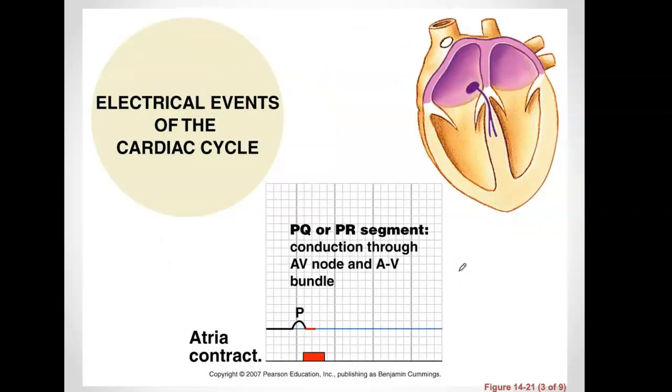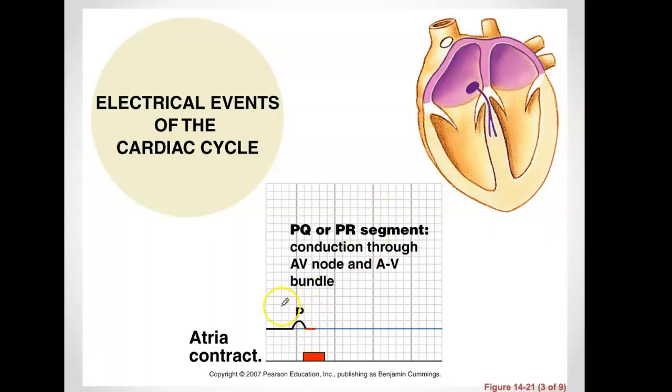Then we continue along, and now notice that in purple, all of it, both atria are depolarized. So we would then see that P wave completed. All of it had depolarized. You brought electrical activity to this area, and the outcome of that was that it contracted.